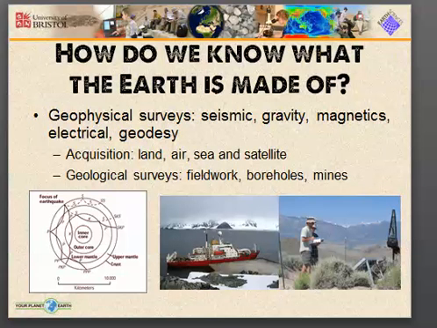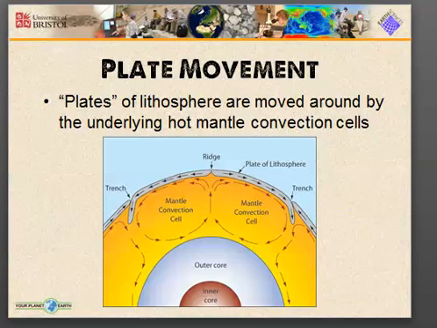So let's take a look at those different boundaries and what's going on. So we have our convection cells within the mantle. As those convection cells are moving, they're moving our plates. So 2 different forces are in action making our plates move.